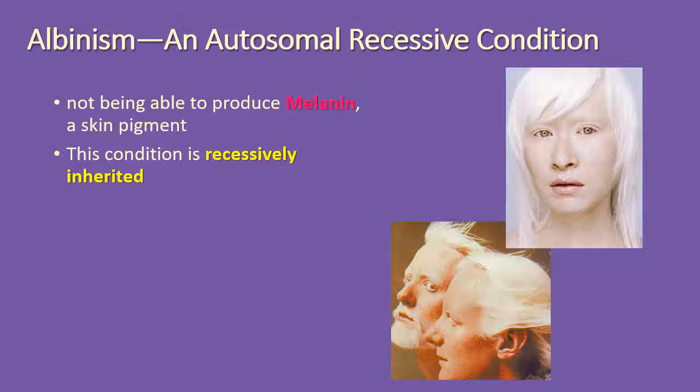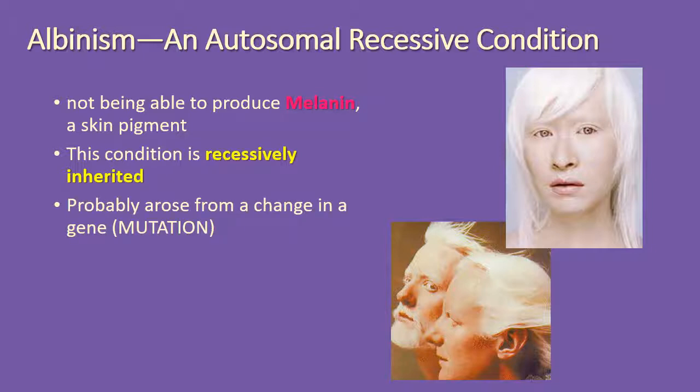This condition is recessive, so you have to have two mutated alleles in order to have the trait. It probably arose from some kind of mutation that made the gene no longer functional, and the individual is homozygous recessive.